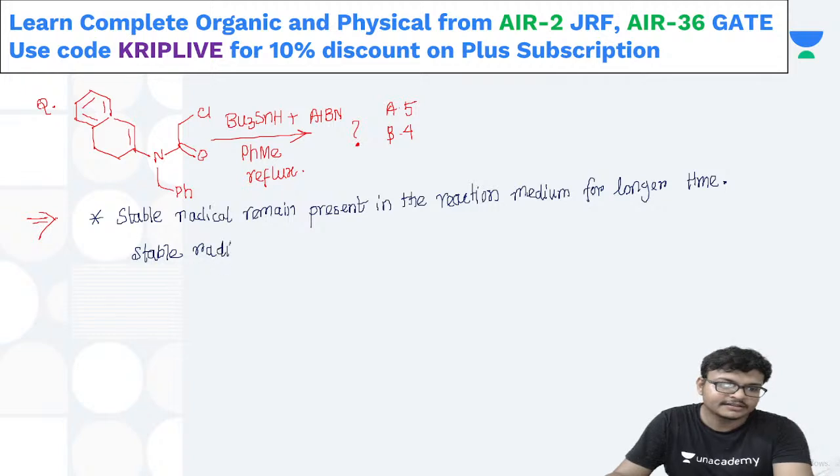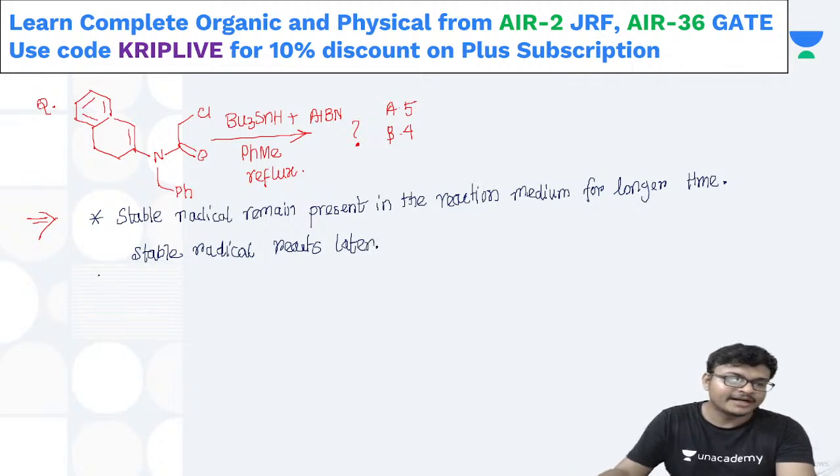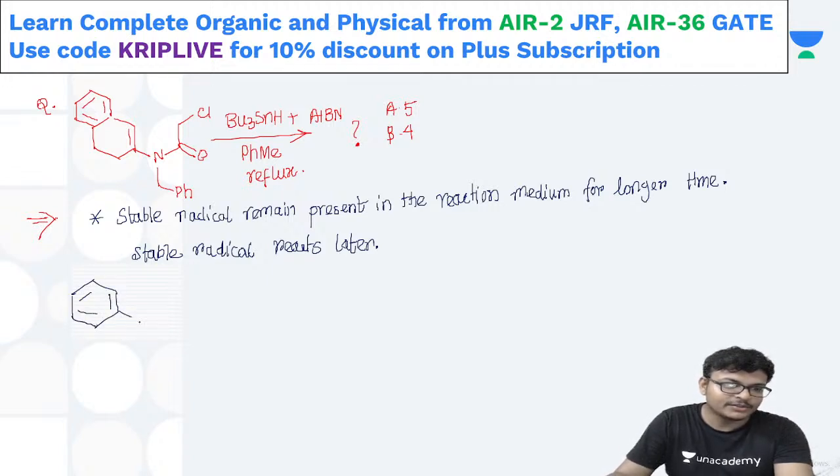Unstable radical reacts first. And you know stability of a radical is comparative. So you cannot say a radical is stable or unstable, right? You have to ask with respect to which.